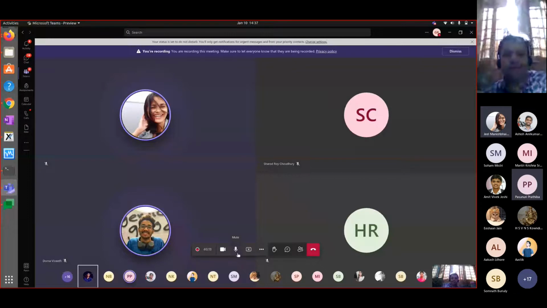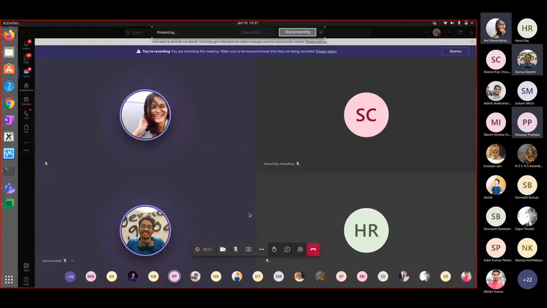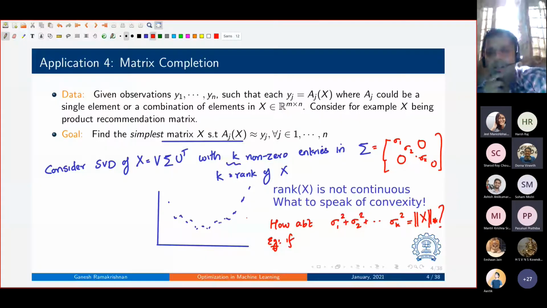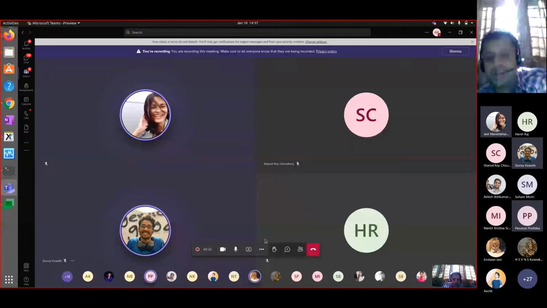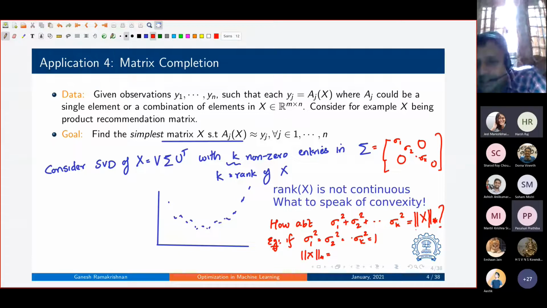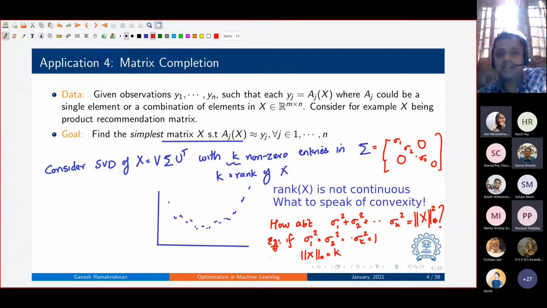If you have a rank k matrix, and sigma 1 squared equals sigma 2 squared equals sigma k squared equals 1, in the unlikely event of this happening, the spectral norm squared would be exactly k.